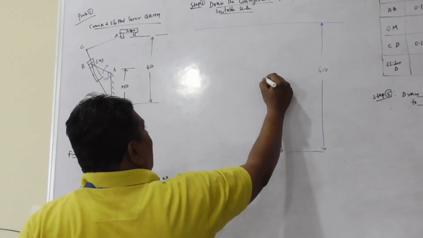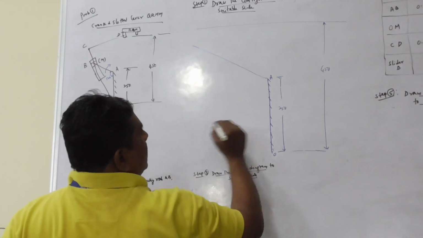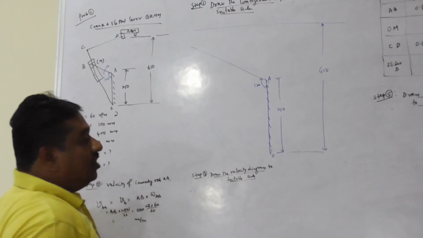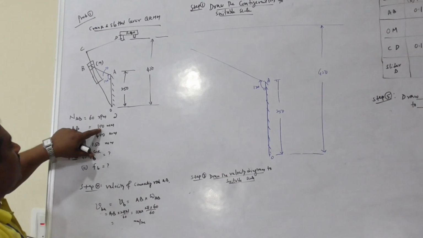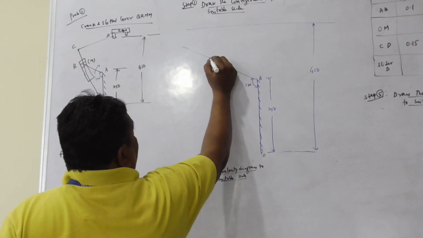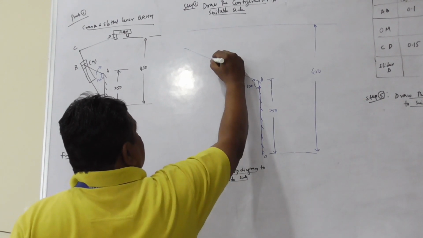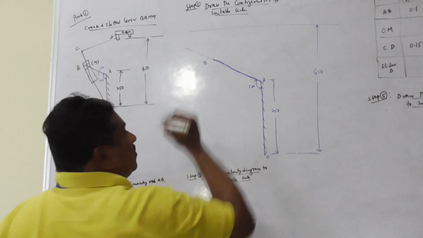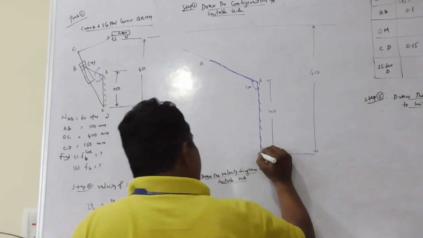From A, draw a line at an angle of 120 degrees. On this line, measure a distance equal to 100 mm as per the scale of the configuration diagram. Fix the point B.